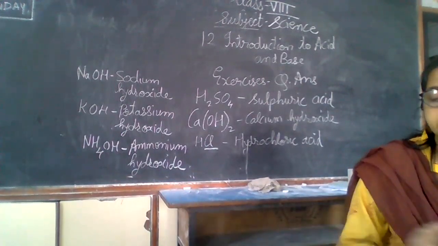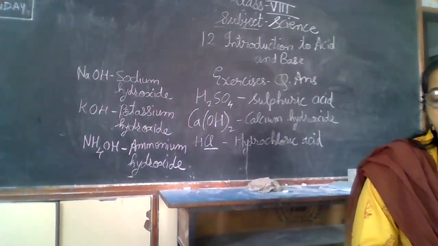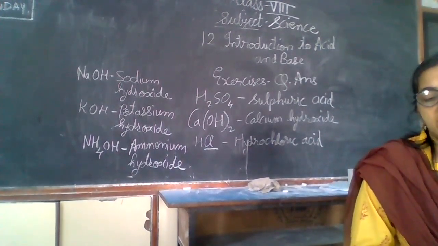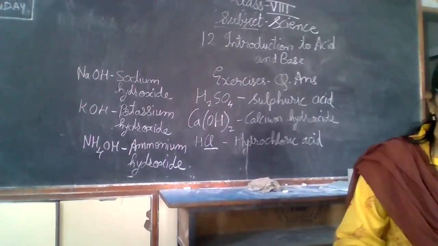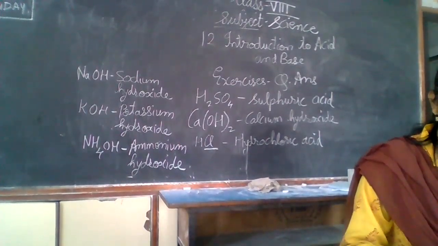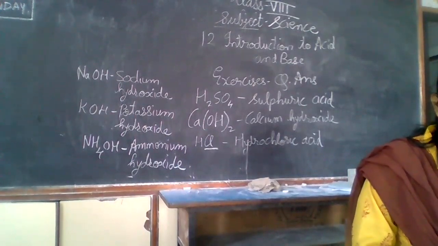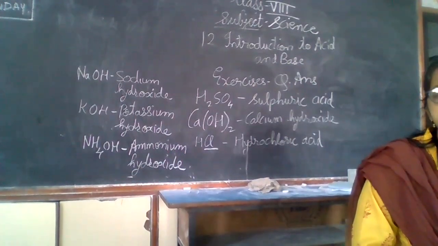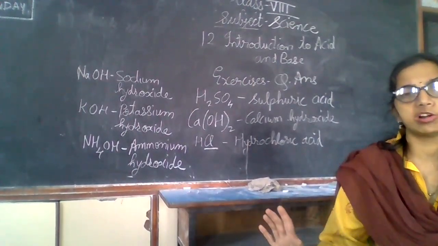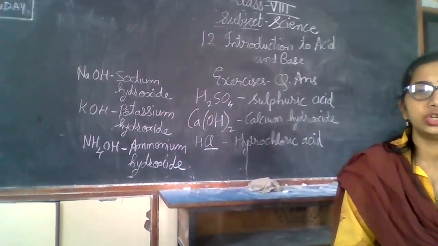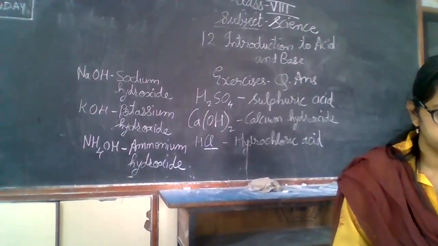That is a neutralization process where acid and base are converted into simple salt and water. That's why it is called neutralization. Acid does not remain, base also does not remain. It gets converted into salt.